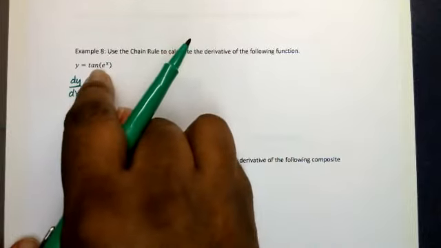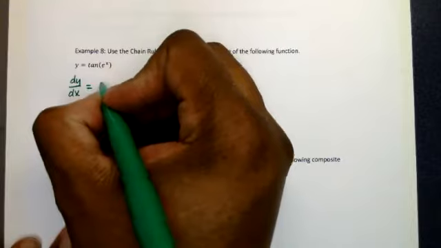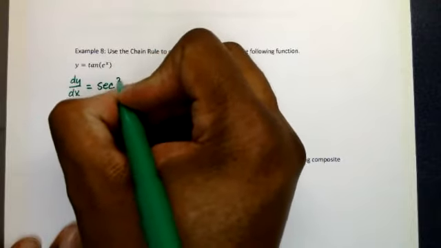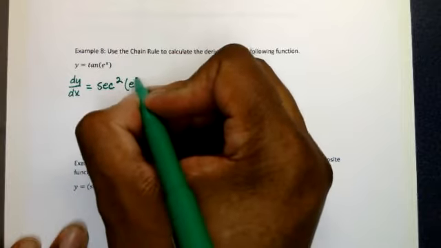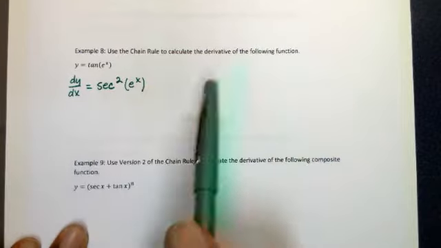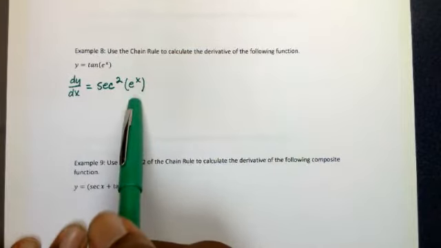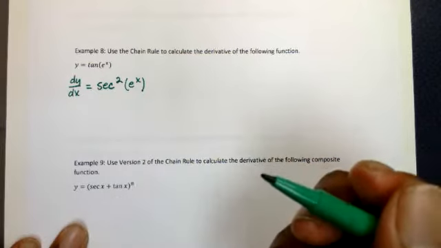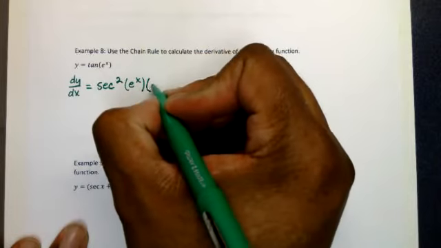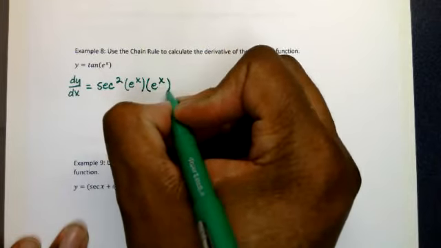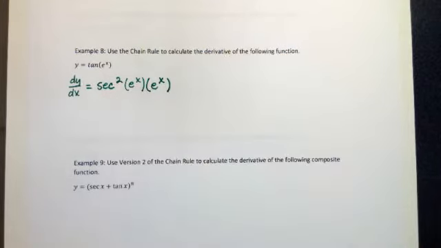The derivative of the tangent would be the secant squared, copy over the angle, which is e to the x. Now we need to take the derivative of e to the x. Well, that's the easiest derivative to take. So the derivative of e to the x is e to the x.